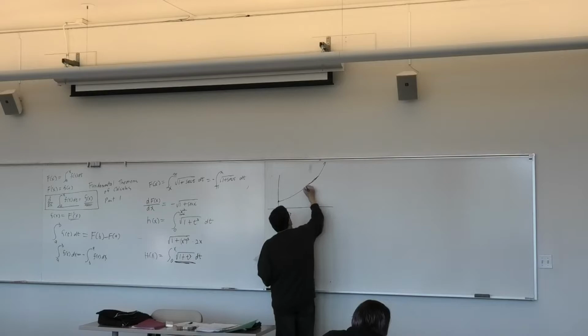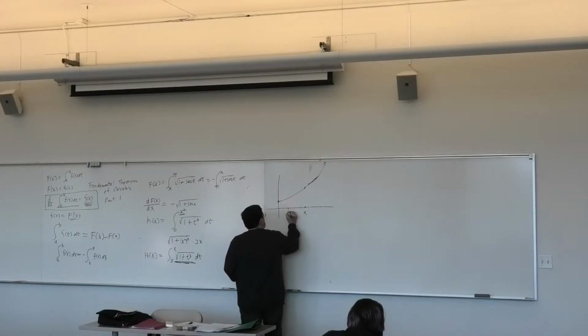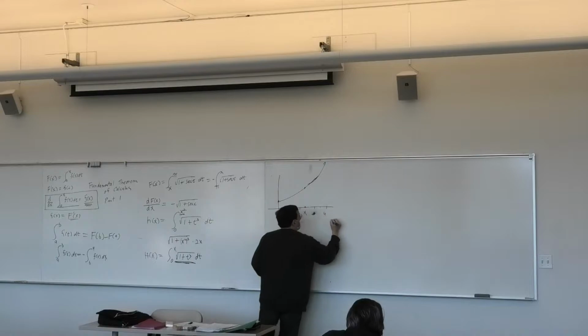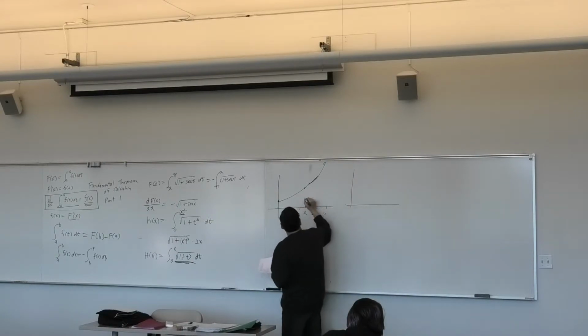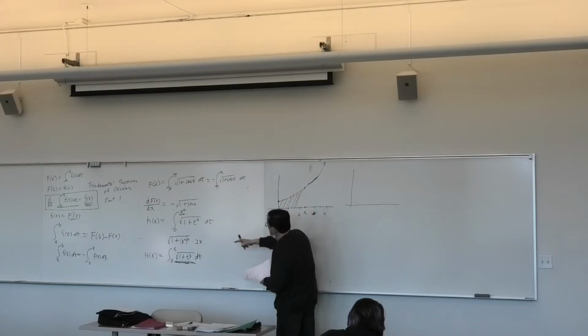So we have some point x here. If I have points 1, 2, 4, and 2, 3, 4 here. And of course, I'm finding the area. What am I finding it from? 1? Oh, from 0? Yeah. That's my large H of x. It's this area.